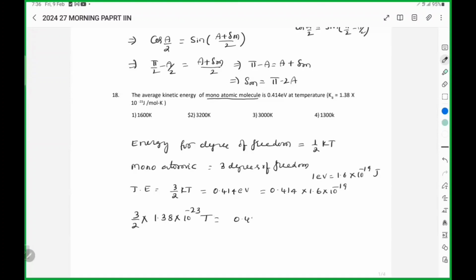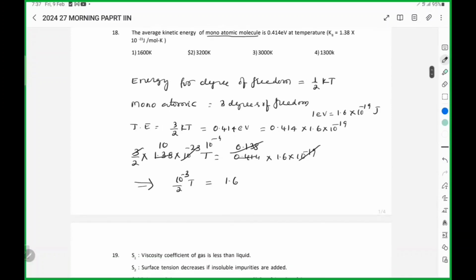Temperature, 0.414 into 10 power minus 4 times... So 3 by 2 times 1.38 into 10 power minus 23 times T is equal to 0.414 times 1.6 into 10 power minus 19. The temperature is 3.2 into 10 power 3, that is 3200 Kelvin.